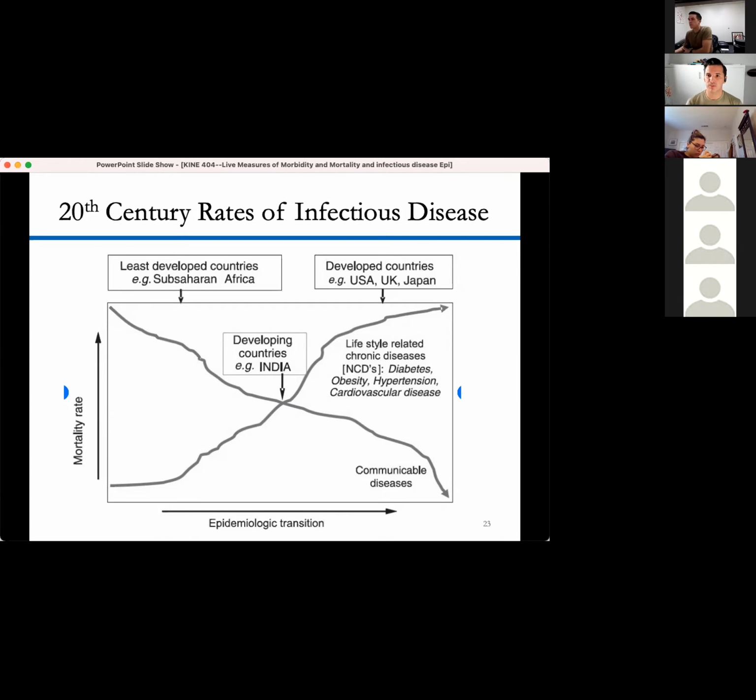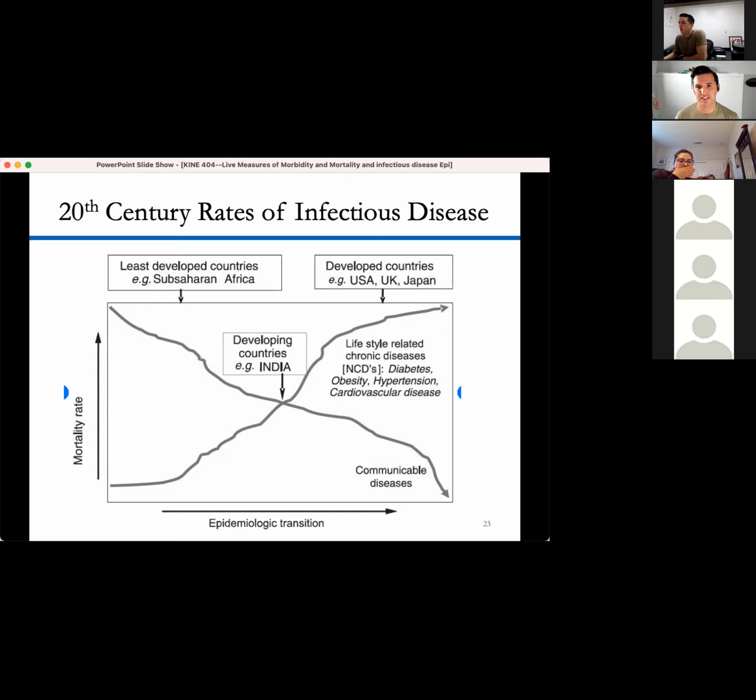And so we've seen that change, but that is not to say, and we're living that right now, that infectious or communicable diseases are not an important driver of poor health and of mortality in the population. And we still need to continue to focus our resources, because in the last 5 to 10 years, we've actually seen a large increase in the number of emerging and re-emerging infectious diseases affecting human populations and leading to significant morbidity and mortality.